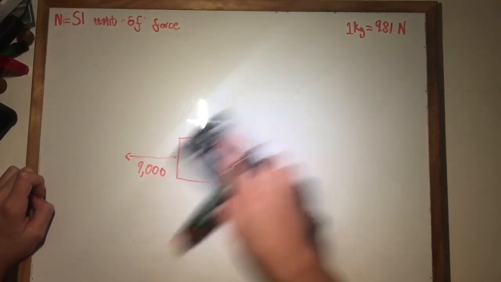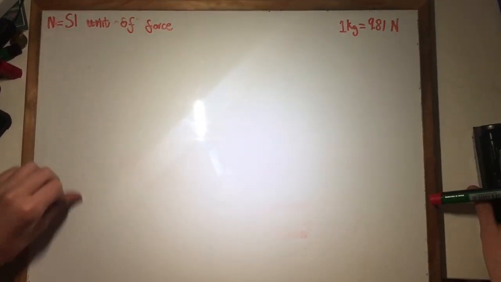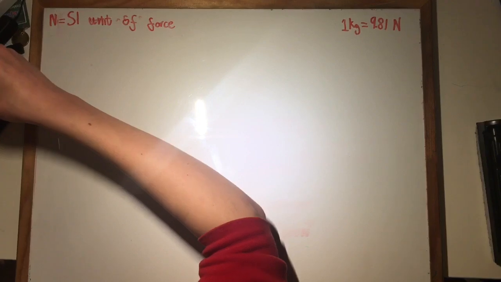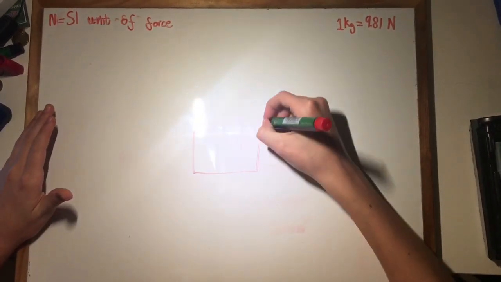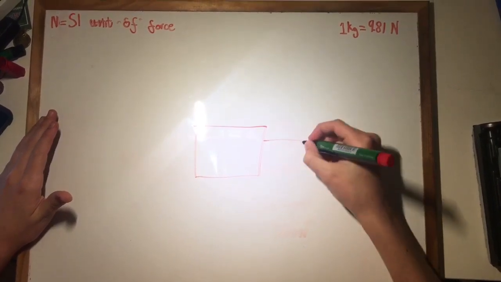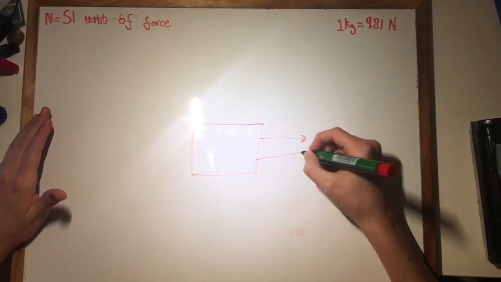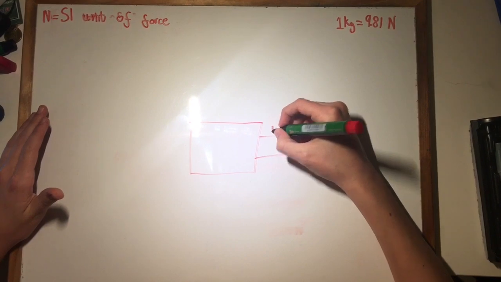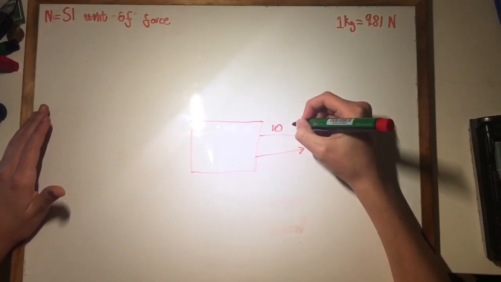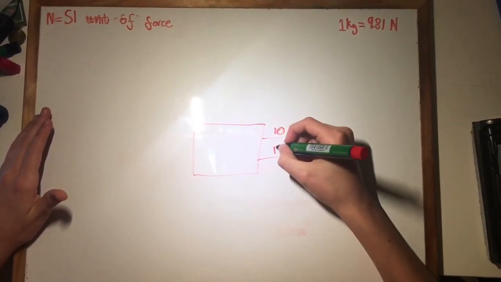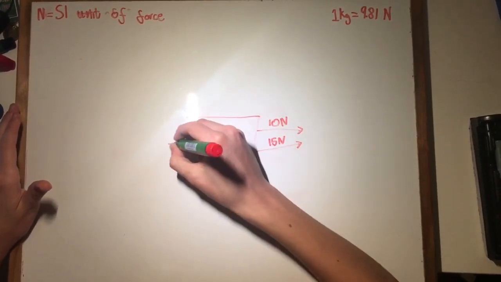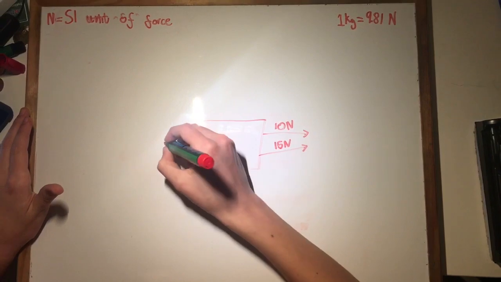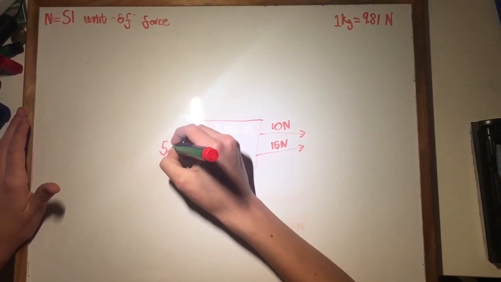But what if there is more than one force acting at opposite angles to each other? For example, if there is a box again, and there are two forces going to the right, and this force has 10 newtons and this one has 15 newtons, and this force has 5 newtons.